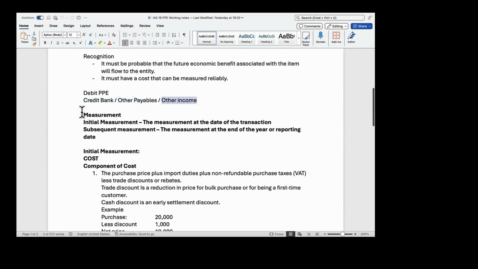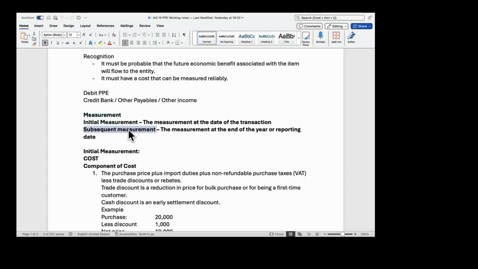How do you measure an item of PPE? I said when it comes to measurement, we are looking at the monetary value that you're going to attach to this item of PPE that you are recognizing in your books. When it comes to measurement, you are either talking about initial measurement or subsequent measurement.